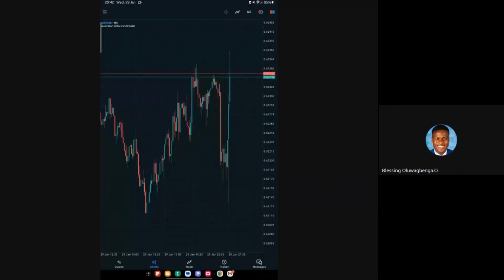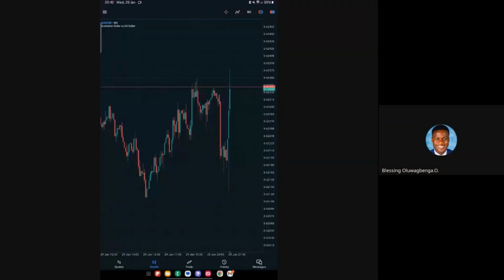We know our stop loss. That is, if the market goes against us, the area that you want the market to close your loss. We know our take profits. That is, if the market is in our favor, the area that you want the profits to be taken.